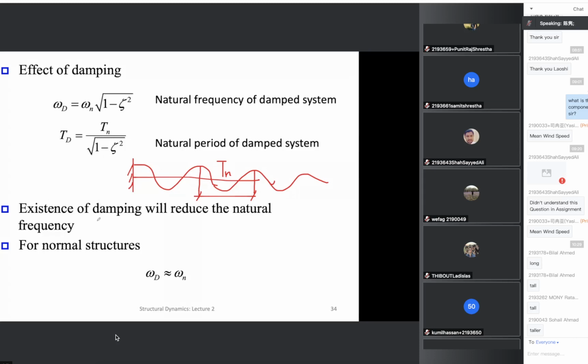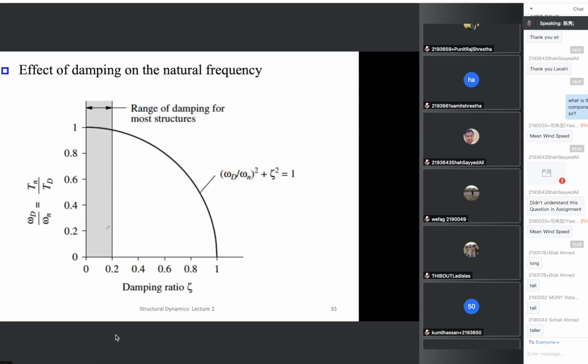This is why we say existing damping will reduce the natural frequency or make the period longer. This is Tn, and this is the longer Td. But for normal structures in civil engineering, omega d is very close to omega n.